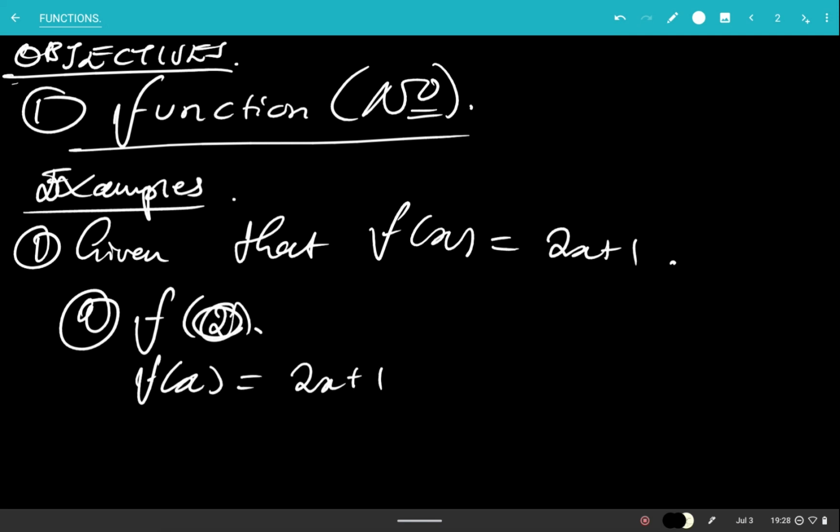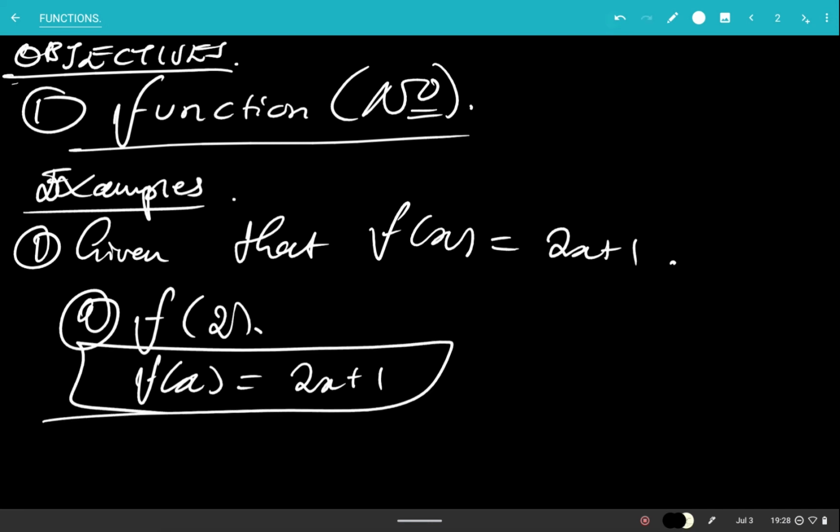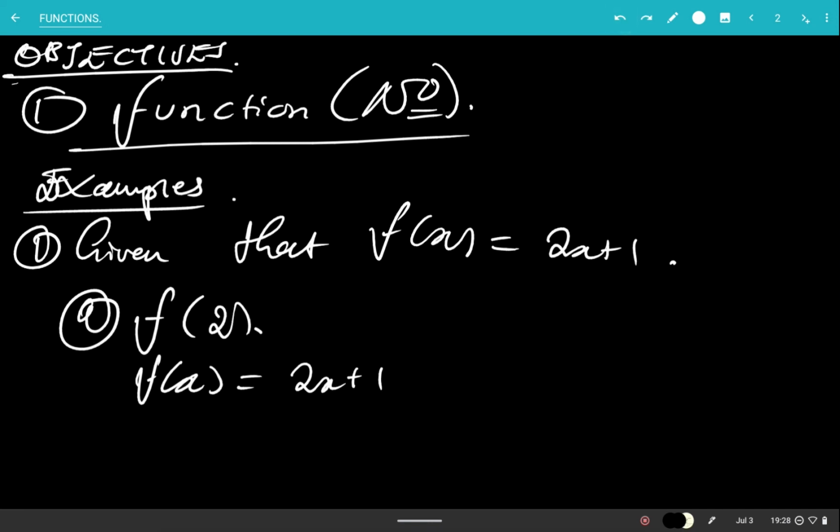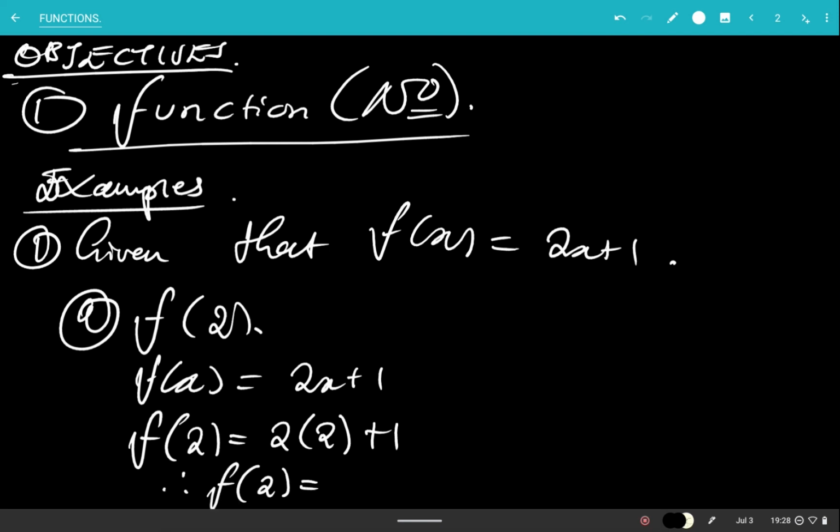Now at an input value of 2, what will be my range value? Because f of x is y at a given value of x. So wherever there's x, I'll put 2. I'm looking for f at 2, and this is equal to 2 times 2 plus 1. If you evaluate this, f at 2 will simply be 2 times 2 which is 4, plus 1, you get 5. So that's what you get.